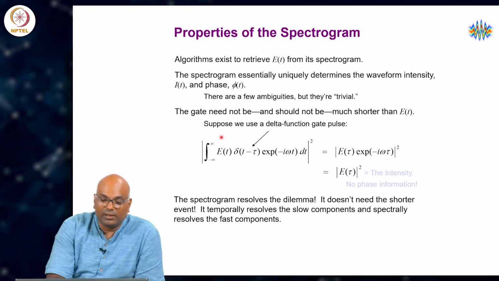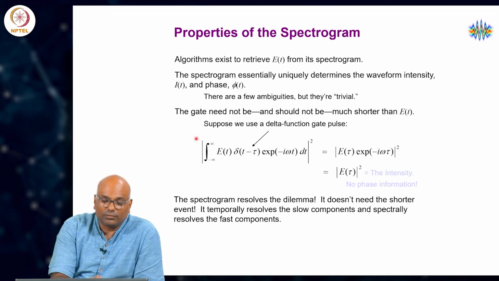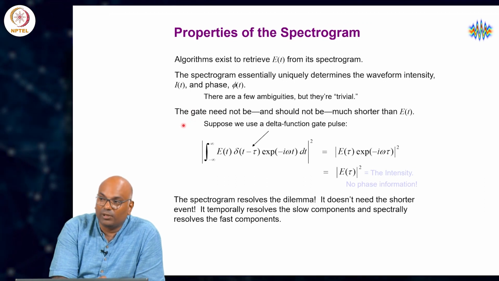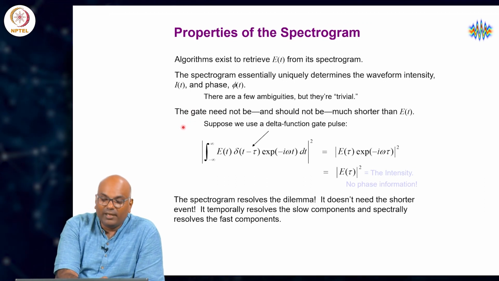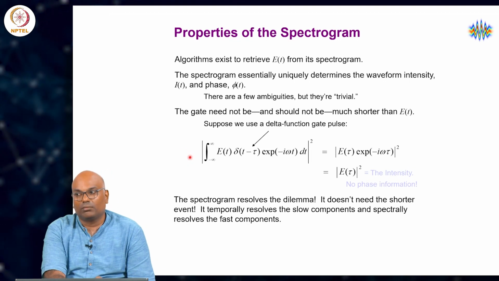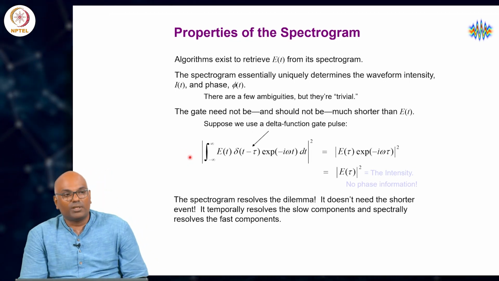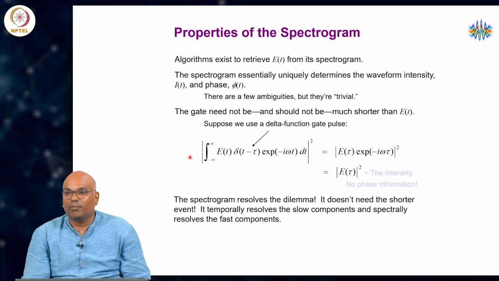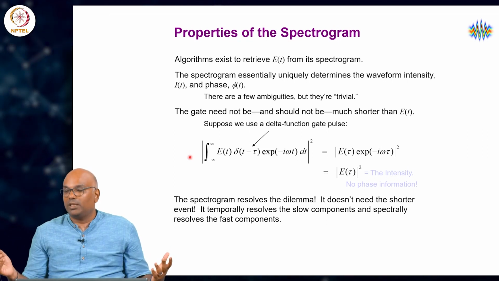So, the other thing is that the gate function, we are coming to the crux of the problem. Ideally, it seems the best gate function is going to be a delta function. That is the best gate.